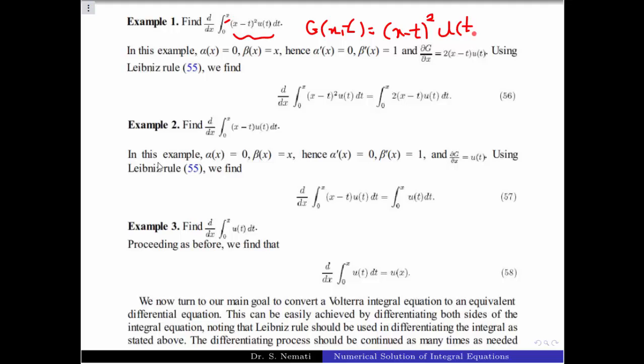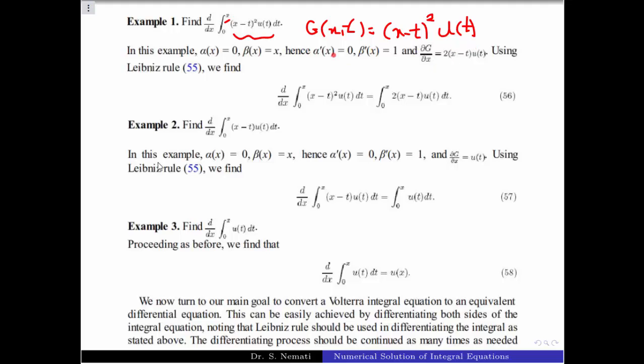So if you take partial derivative of this function with respect to x, you easily have 2 times (x minus t) to the power 1 times u of t.